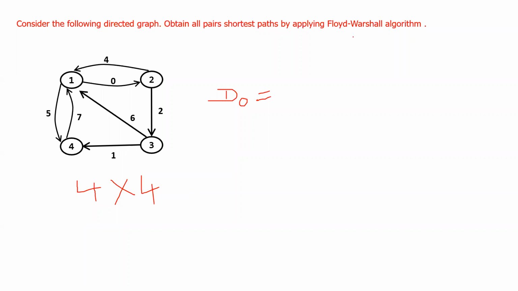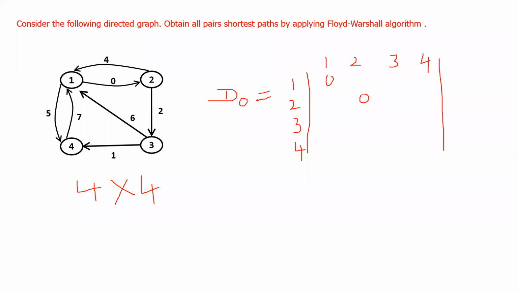So there will be 4 rows and 4 columns. What did I say? I said that initially fill the diagonals with zeros.